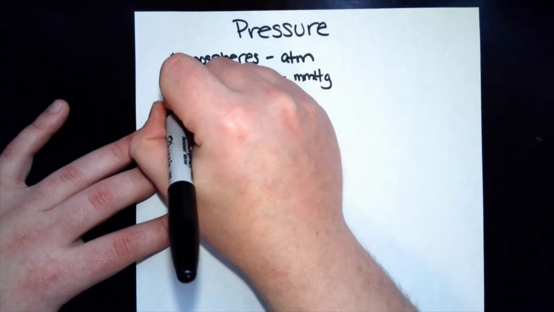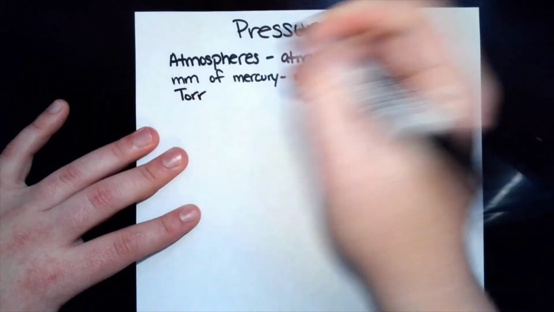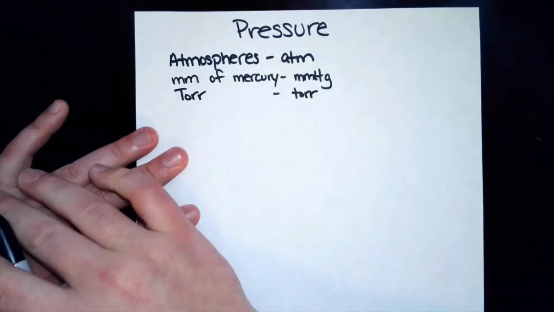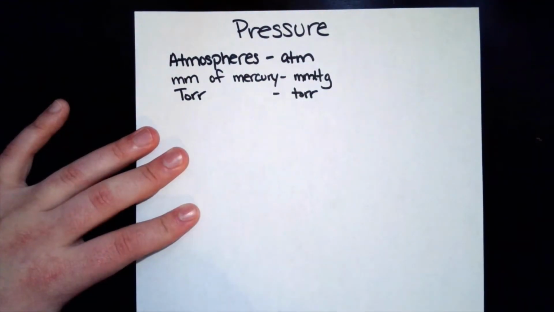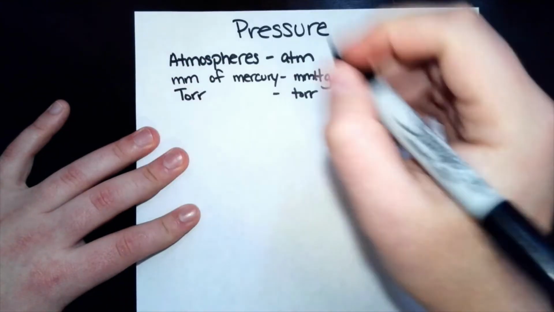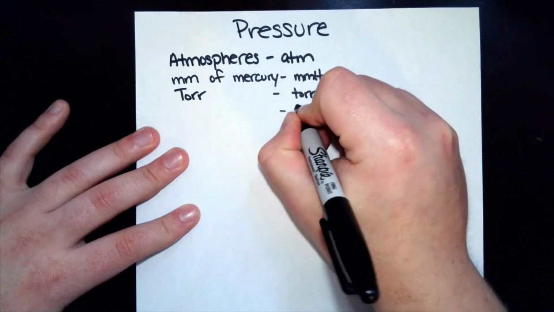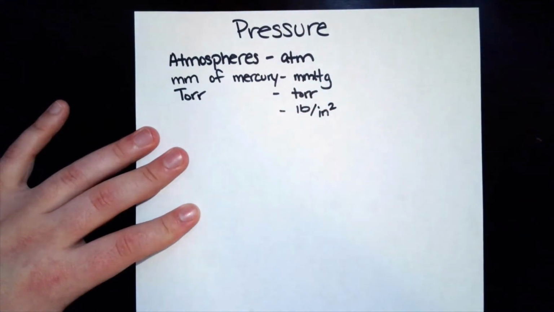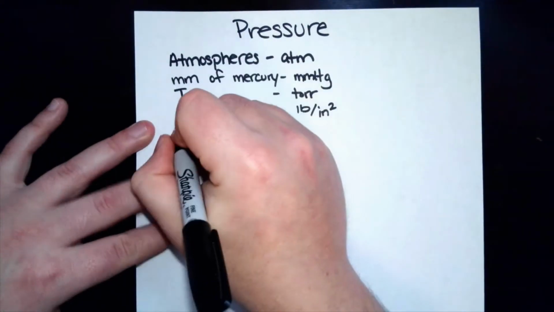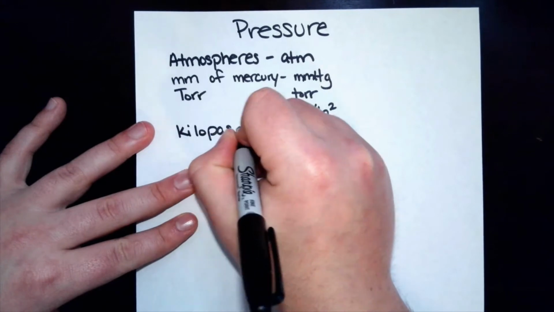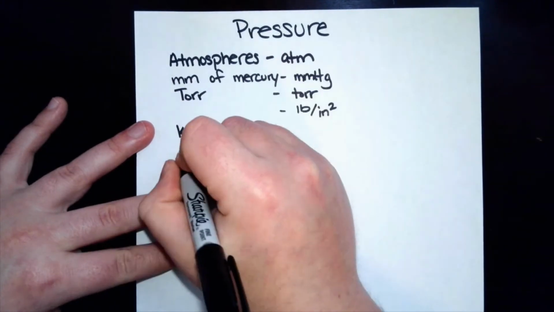You have torr, which is just abbreviated as torr, simply. Another common one that you might see is pounds per square inch. So actually I'm just going to write that here. So we've got pounds per square inch. And then you've got kilopascals and pascals.